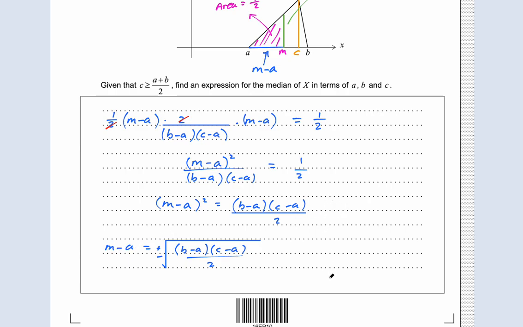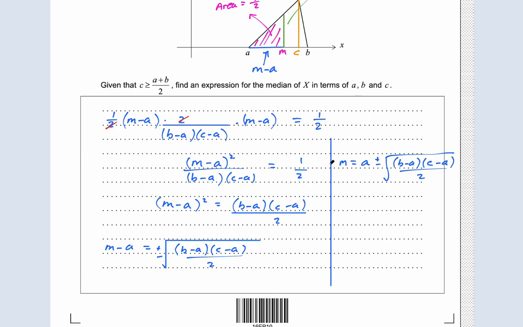So m is therefore, adding a, a plus or minus the square root of (b minus a)(c minus a) over 2.